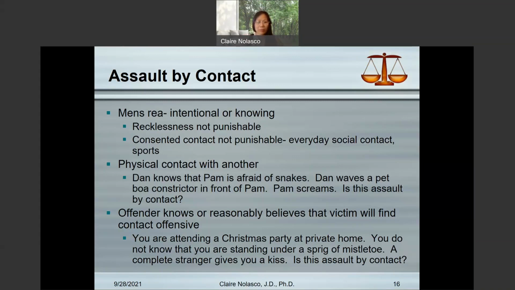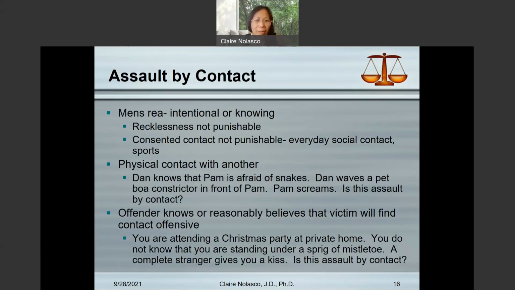Dan waves a pet boa constrictor in front of Pam. Pam screams. Is this assault by contact? No, because the snake did not actually come into physical contact with Pam. Dan simply waved it in front of her.